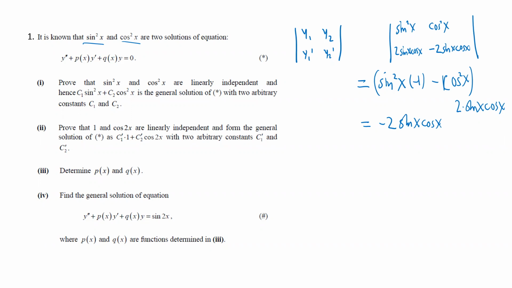So if sine square x and cosine square x are linearly independent, okay, what does part B, part 2 ask?